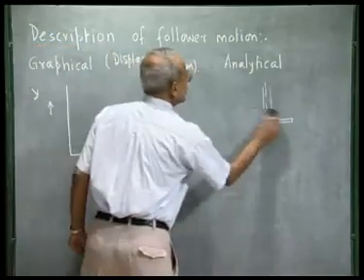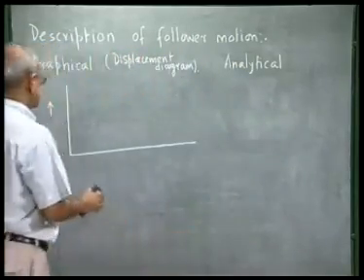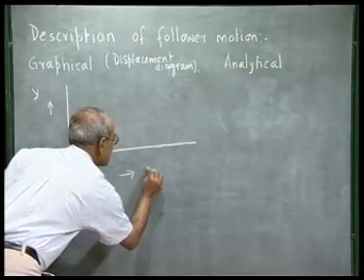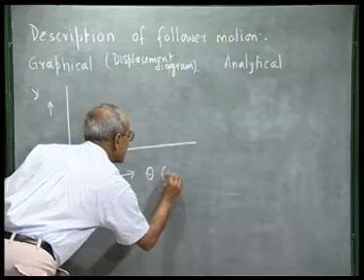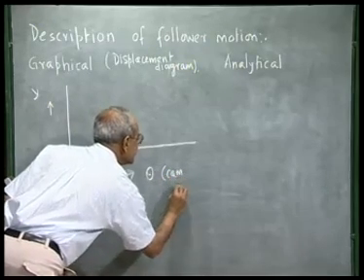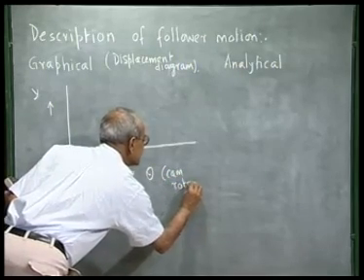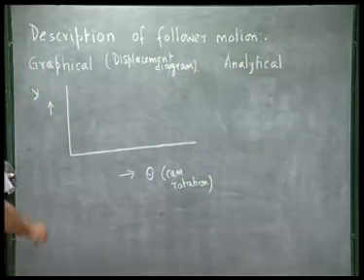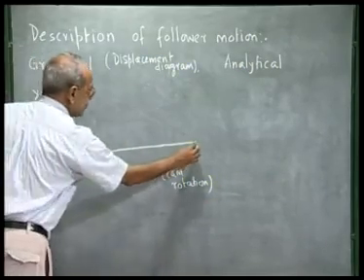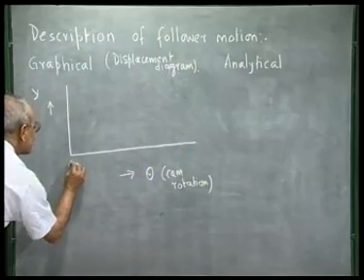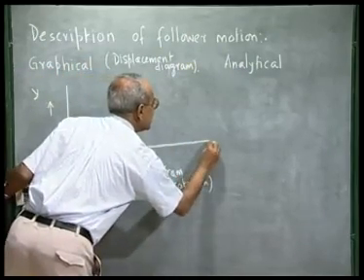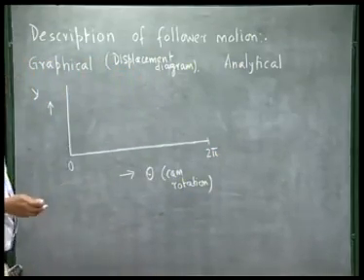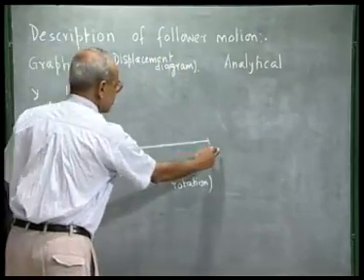So we plot the displacement of the trace point versus rotation of the cam, say represented by theta. Obviously, this y versus theta is a periodic function. As cam rotates from 0 to 2 pi, everything gets repeated. This is one cycle of the cam rotation.